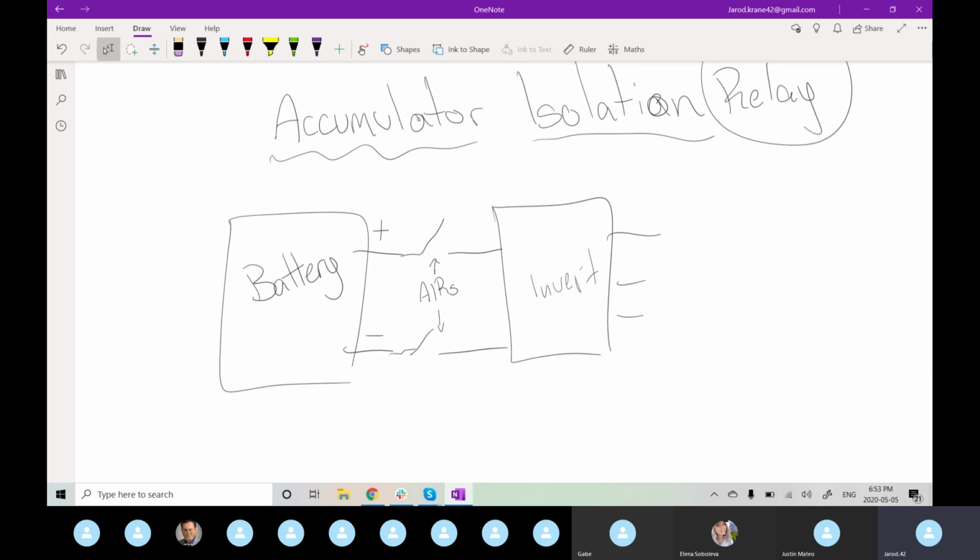Okay, that's everything I have for inductors. Any final questions on it? Do we all understand how a magnetic field is actually induced through this current path?